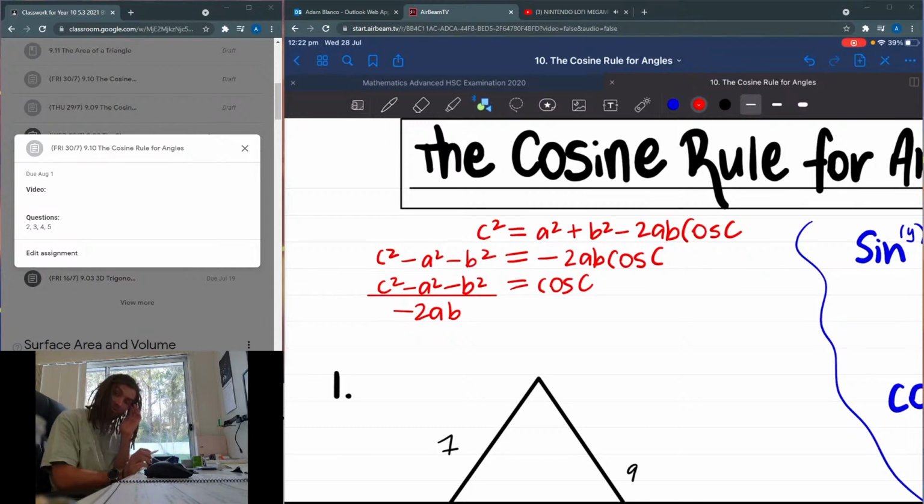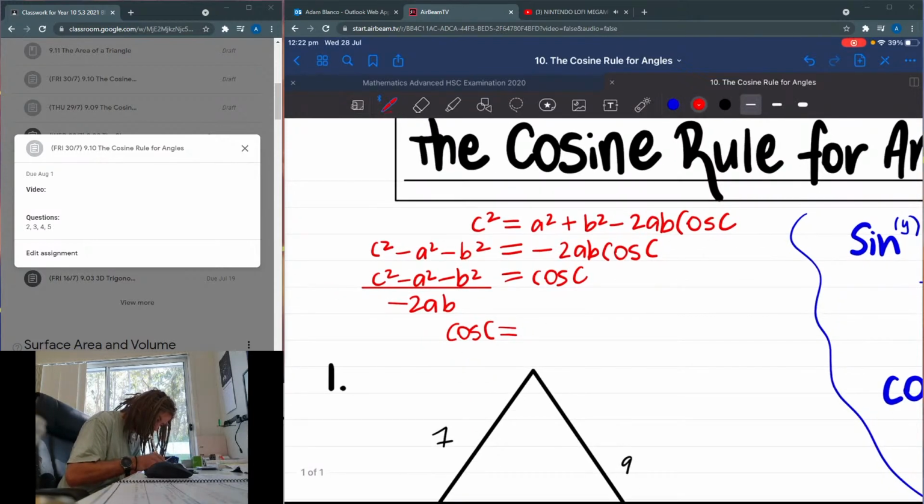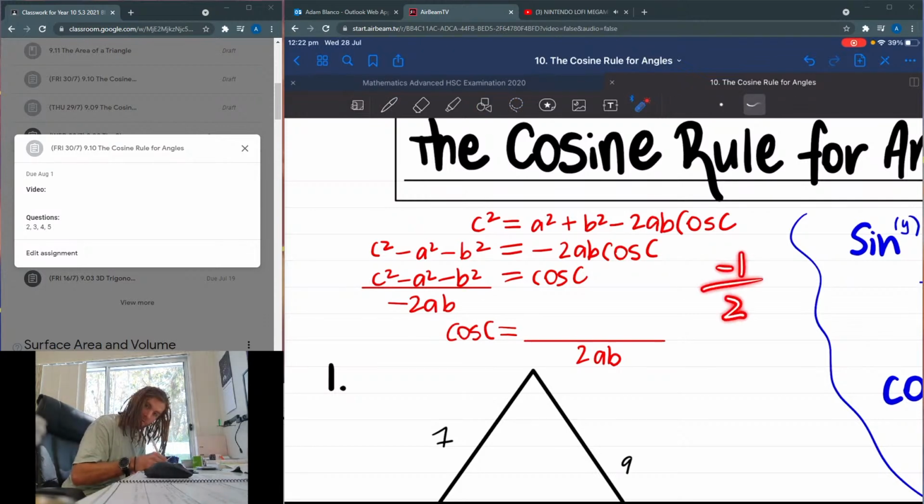Okay, I don't want to have to remember an equation that has minuses in it, so what I'm going to do is go cos c equals, I'm going to pull this minus here out to the front, and then I'm going to put it up here. So it's kind of a weird step, but basically 2ab is going to be positive. So think about it like this: if I have minus a half, that's the same as 1/2 with a minus out here, and also the same as 1 over minus 2.